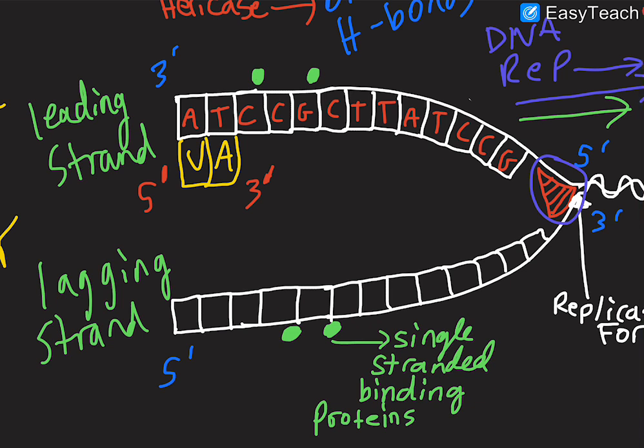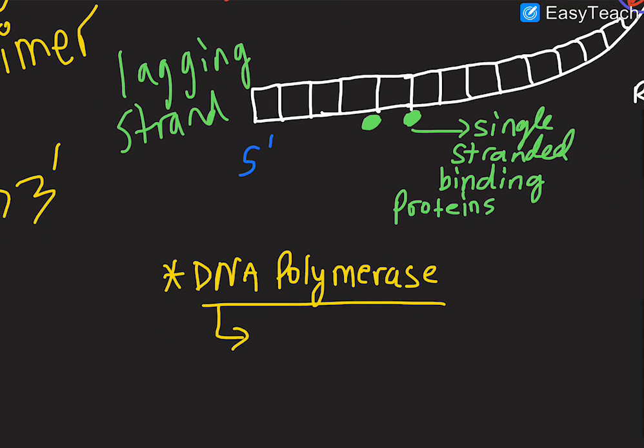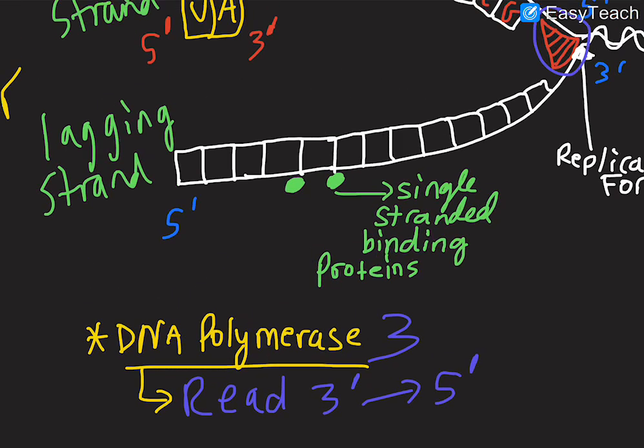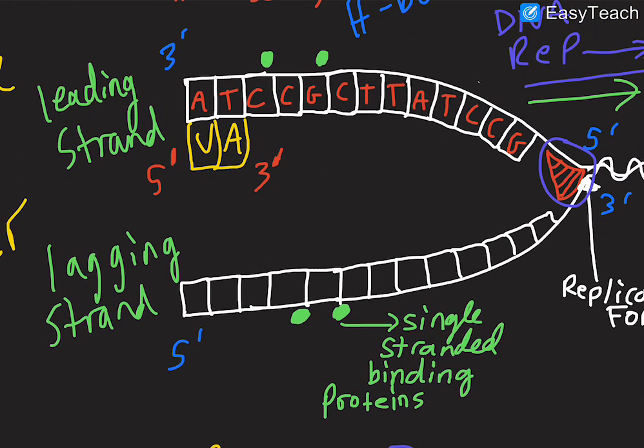So we're going from 5' to 3', because what DNA polymerase 3 does is, DNA polymerase 3 will read the strand from 3' to 5', okay? The DNA polymerase 3 will read the strand from 3' to 5', okay?